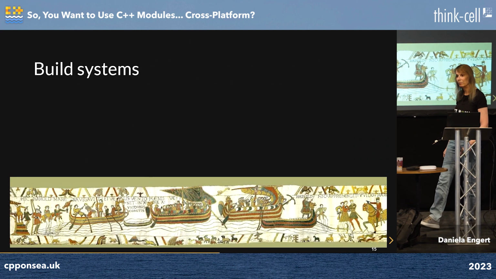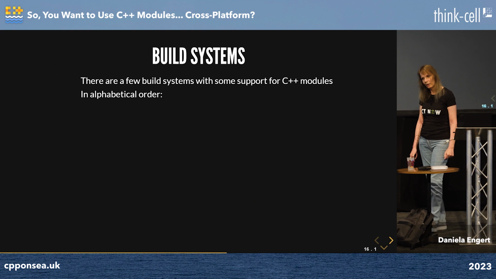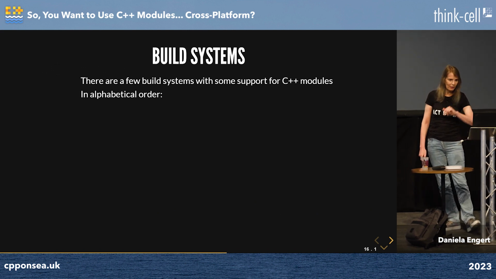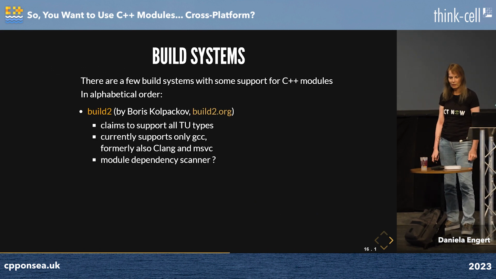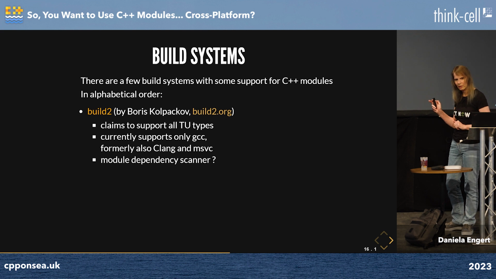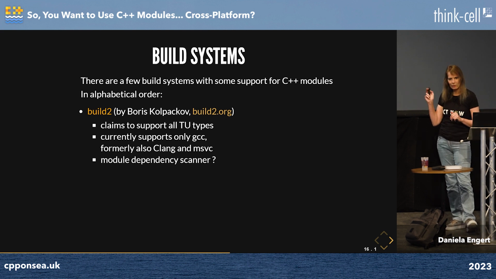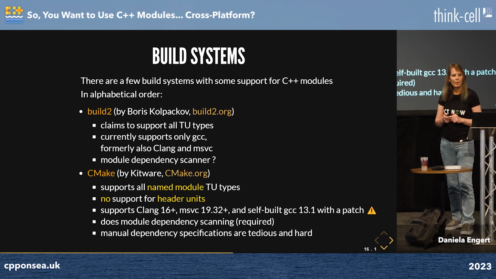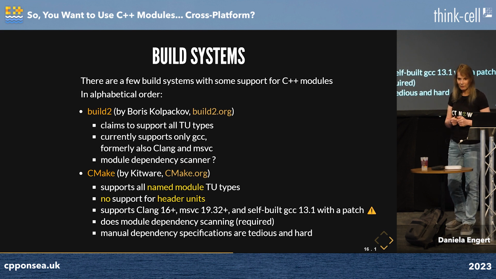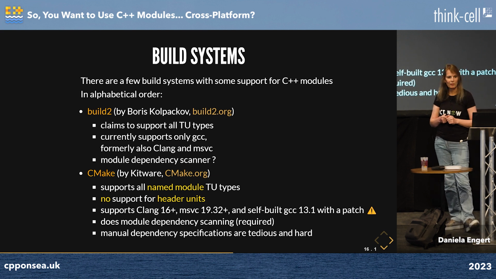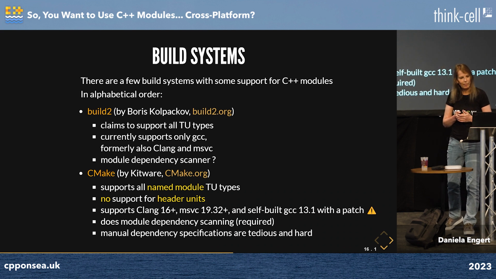Next, let's talk about build systems. As far as I know, in alphabetical order, we have build 2. I'm not sure how it's going on there. There's a little bit silence on the documentation here. But now we have CMake, and CMake now claims support for named modules, and unfortunately only named modules because header units are not yet supported so far.